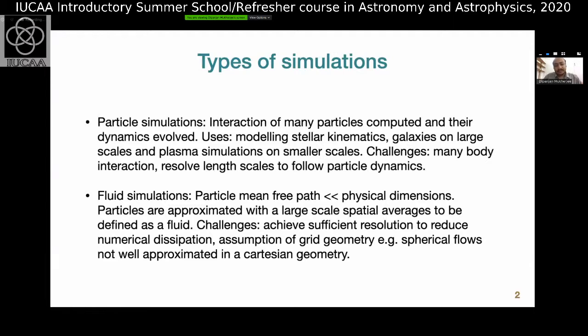So in the fluid simulations, what we actually evolve is the mean properties of the gas and how they vary locally at different spatial locations, as well as how they evolve with time. The main challenge of the fluid simulation is achieving sufficient resolution to reduce numerical dissipation.